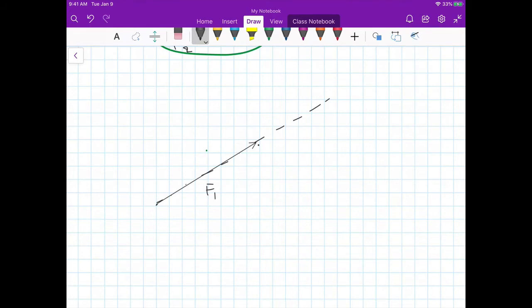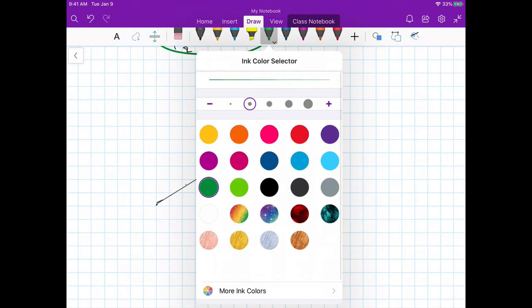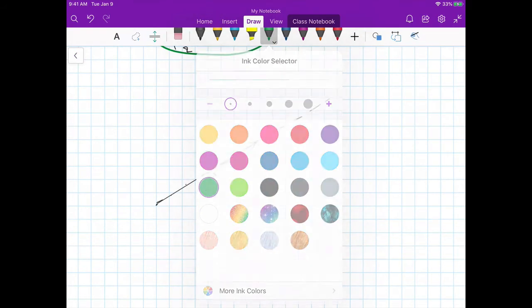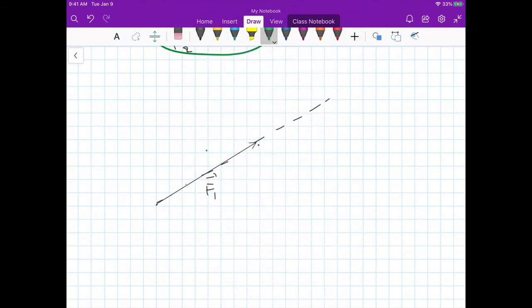According to the graphical method, you connect the vectors head to tail. So the second vector starts at the tip, at the head of the first vector.